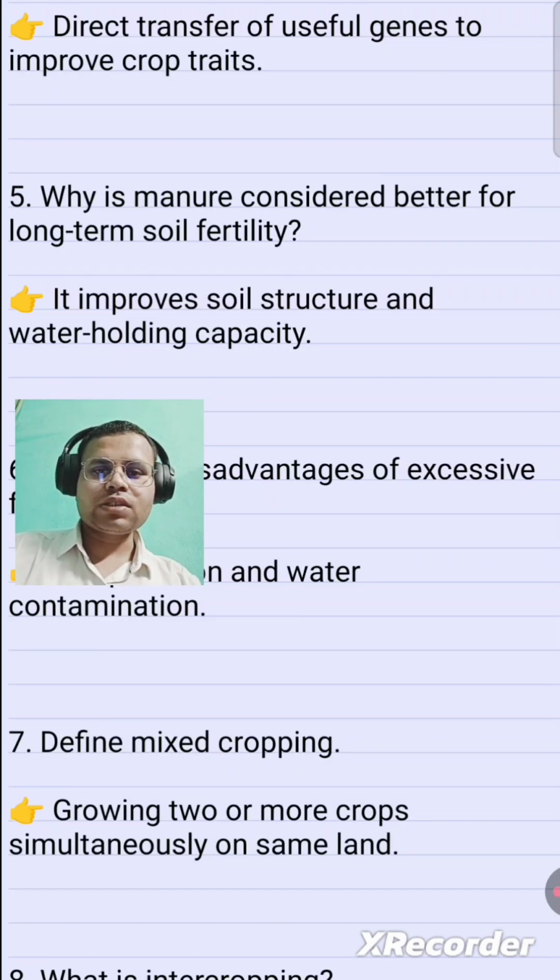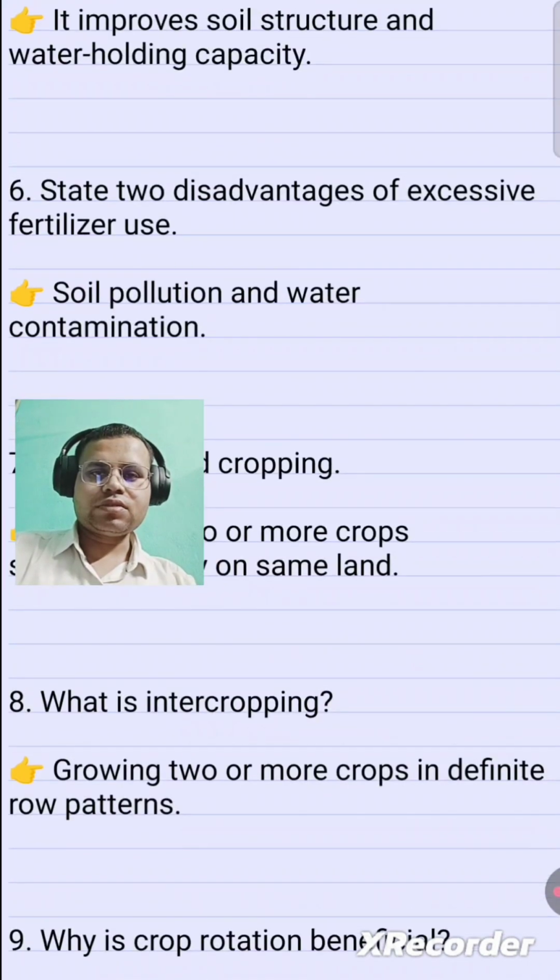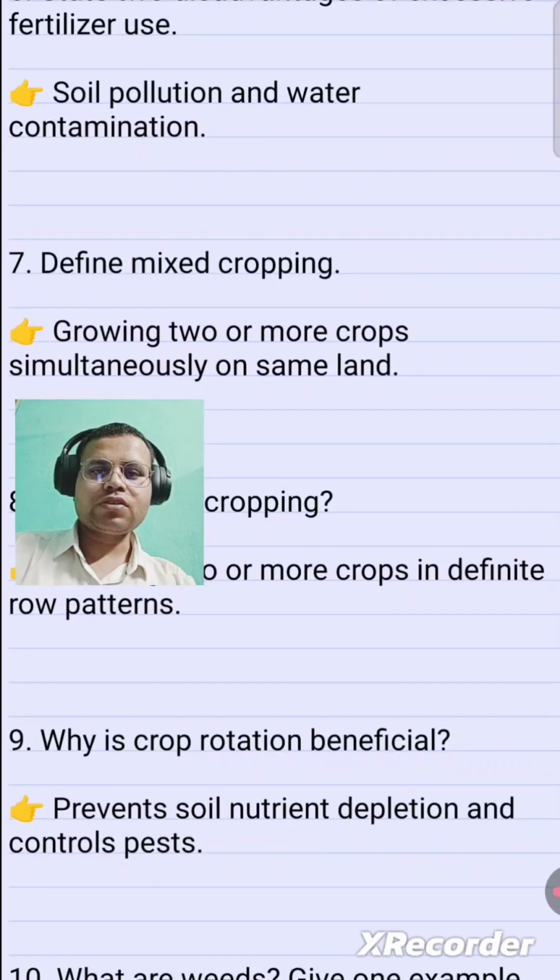Why is manure considered better for long-term soil fertility? It improves soil structure and water holding capacity. State two disadvantages of excessive fertilizer use: soil pollution and water contamination.